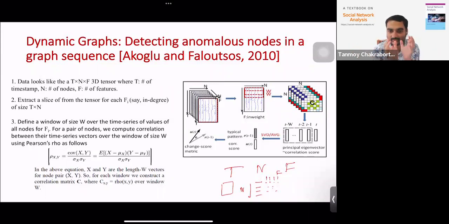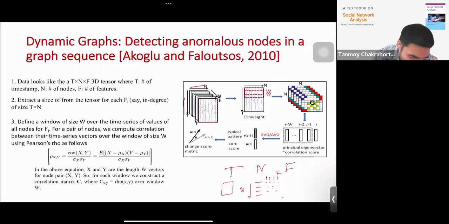Once the ego network is fixed, you don't need to look at what is happening outside it. So you extract the ego network, you identify the f features, and that's it. So you have an n cross f matrix for every timestamp, and you have T such timestamps. You can think of it as a tensor, a 3D matrix, n cross T cross f.